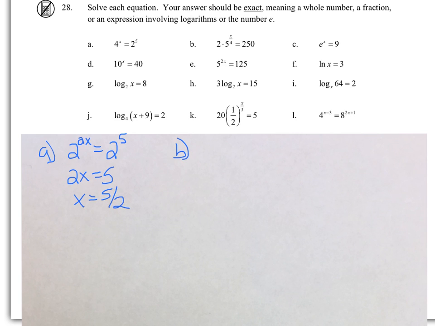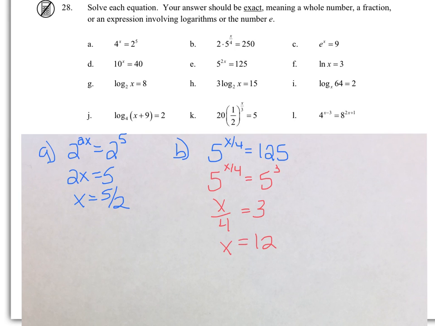For B, we have to first divide by the coefficient of 2. Now we can make both sides the same base. I can equate my exponents, and x is 12.